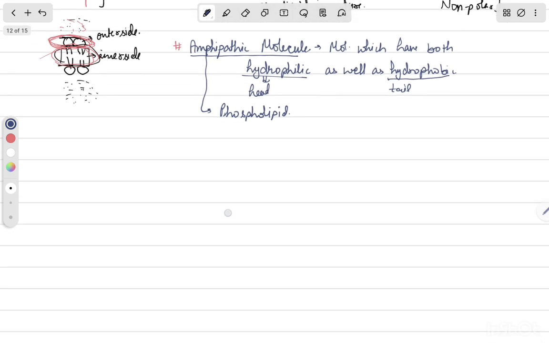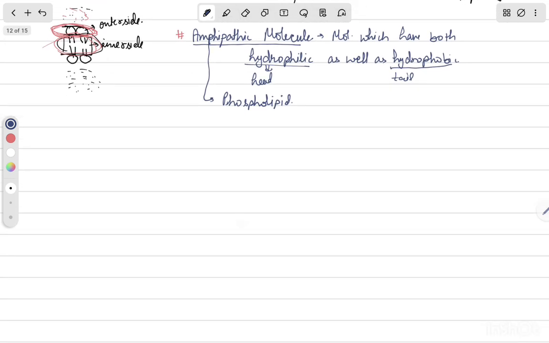Now, the next important point about phospholipid. This structure of phospholipid, why are phospholipids present in the plasma membrane? The phospholipid layer provides fluidity to the membrane. Now, why does it provide fluidity to the membrane?